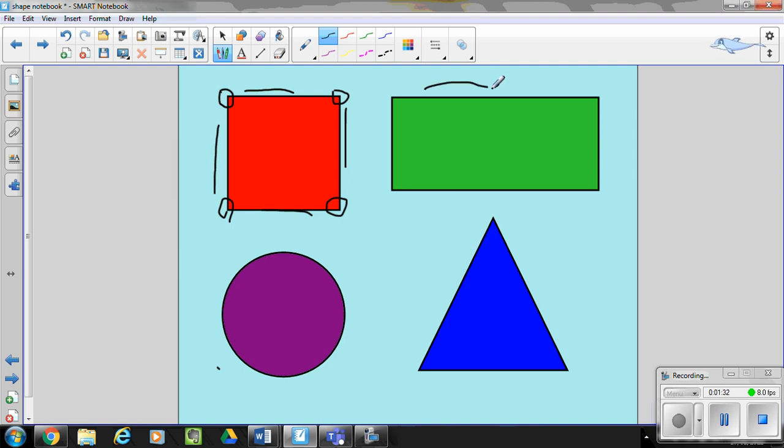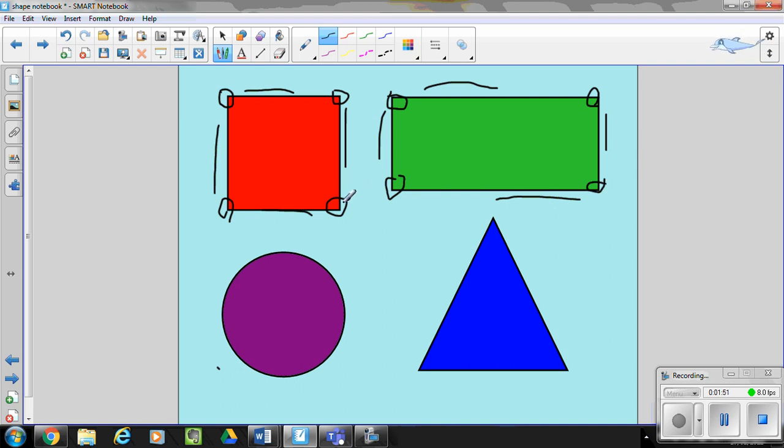It has got 1, 2, 3, 4 sides. And how many corners? It has got 1, 2, 3, 4.